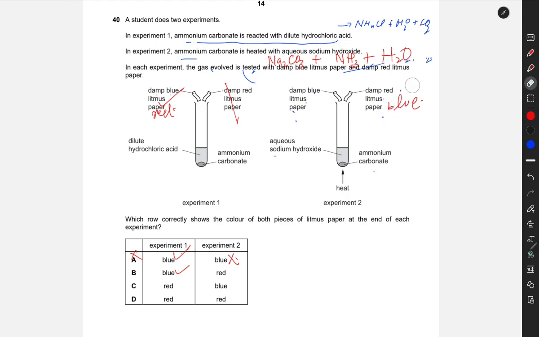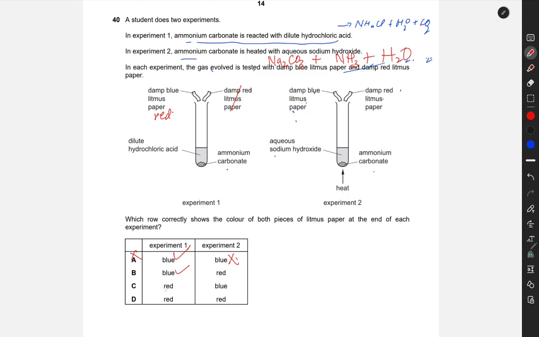In experiment 2, red litmus paper turns blue because ammonia is produced. Carbon dioxide is produced in experiment 1; it is an acidic gas which turns blue litmus paper red.